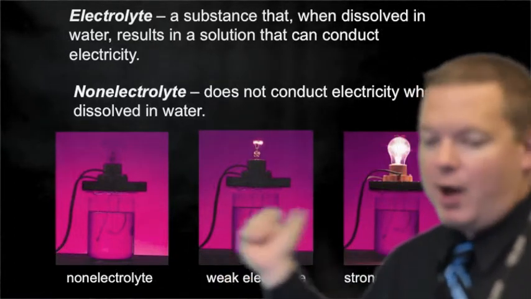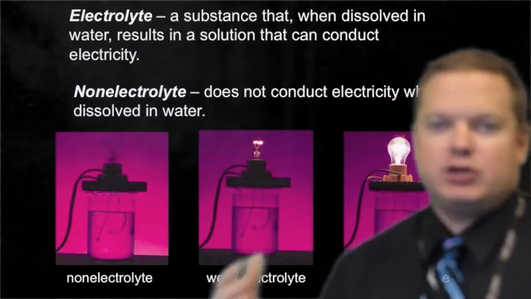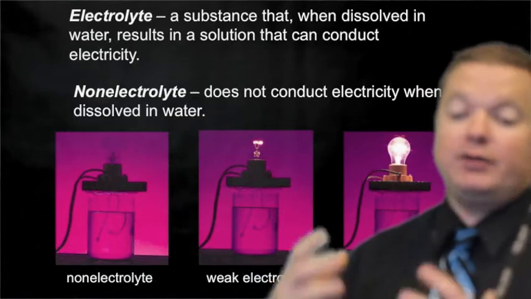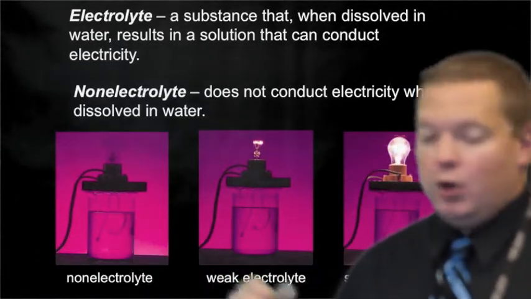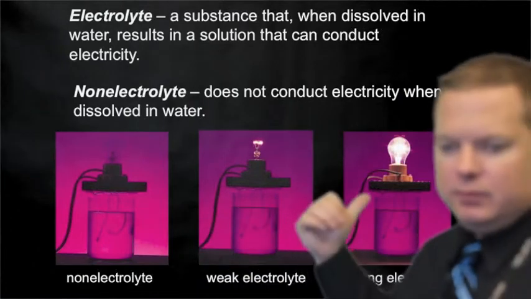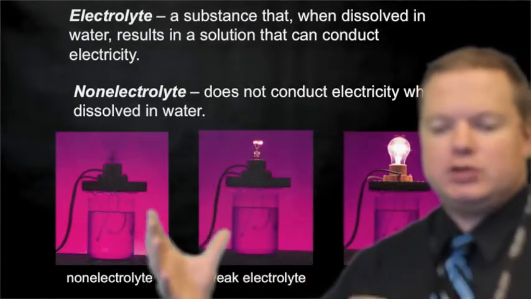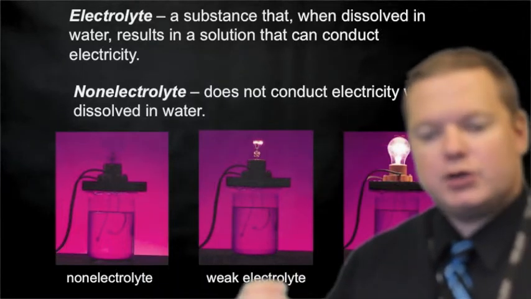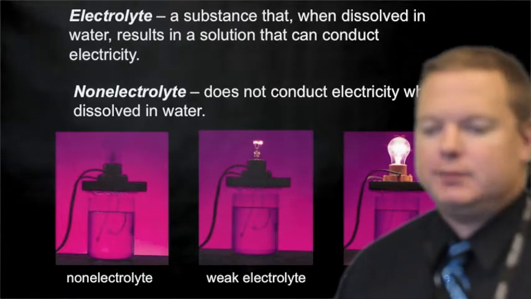At the bottom here, the amount of conduction of electricity gives us a varying brightness in this bulb. Non-electrolytes, no light. Strong electrolytes, a lot of light. So it's sort of a spectrum. We can have strong electrolytes where we conduct a lot of electricity, or non-electrolytes where we conduct very little.